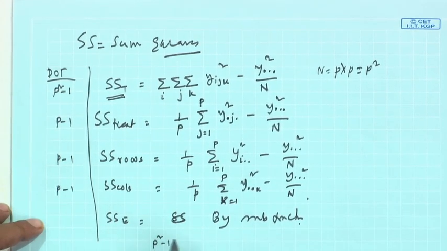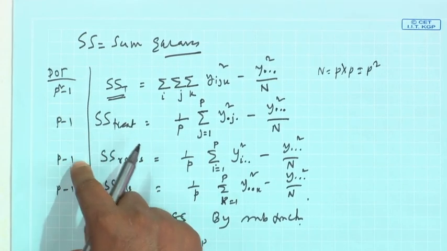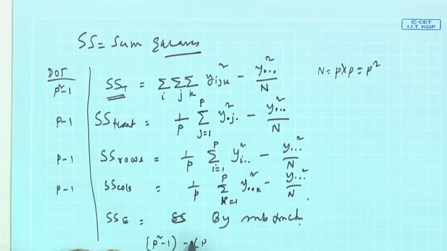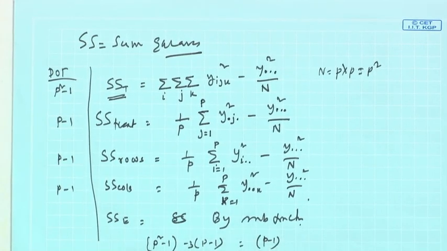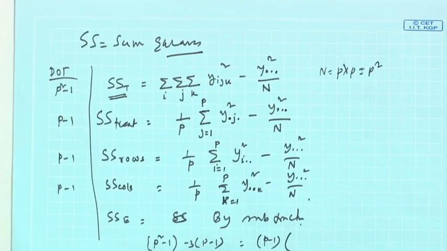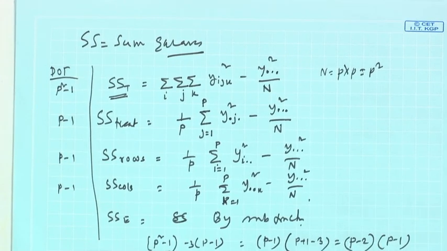P square minus 1 minus (p minus 1) minus (p minus 1) minus (p minus 1), that is 3 p minus 1. So, if you take common p minus 1, this will be what? P plus 1 into p minus 1, so p plus 1 minus 3, so p minus 2 into p minus 1.